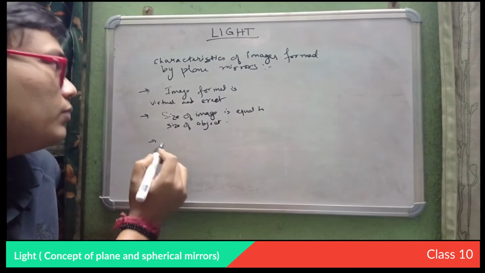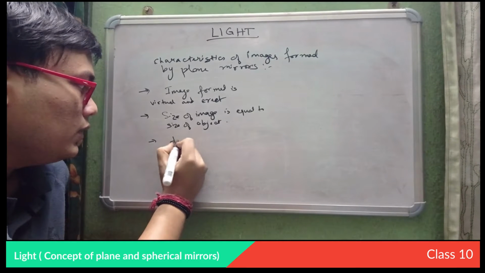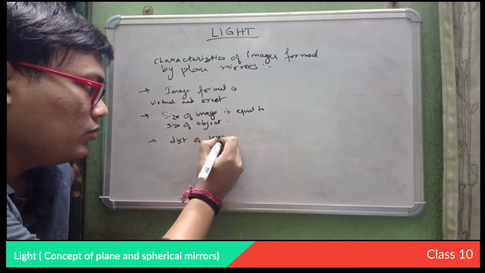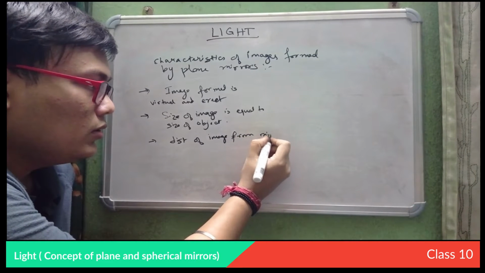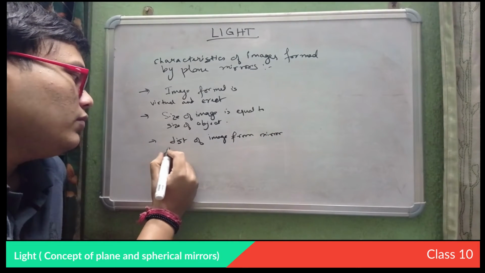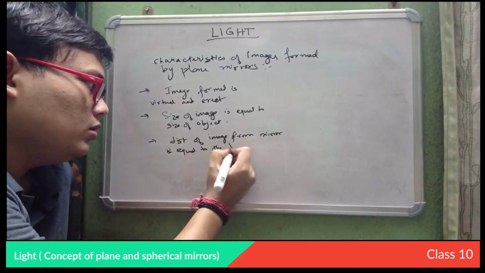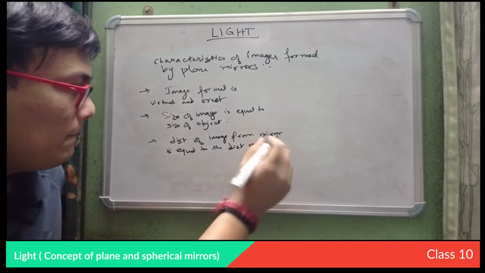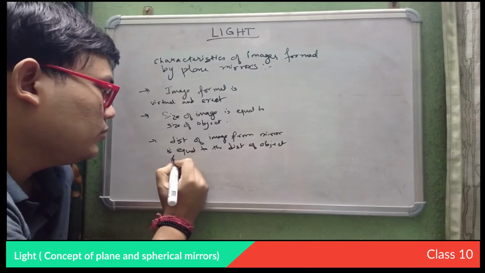Number third characteristic is distance of image from mirror is equal to the distance of object from the mirror.